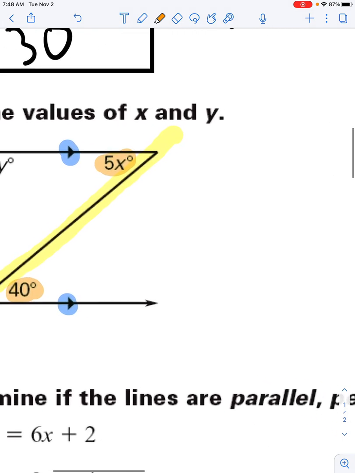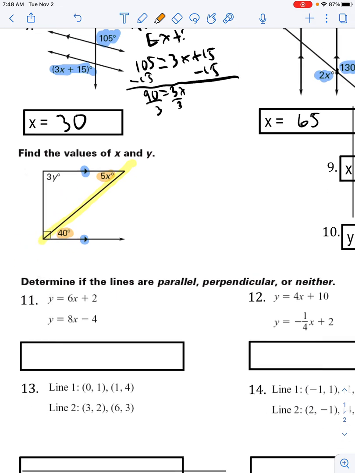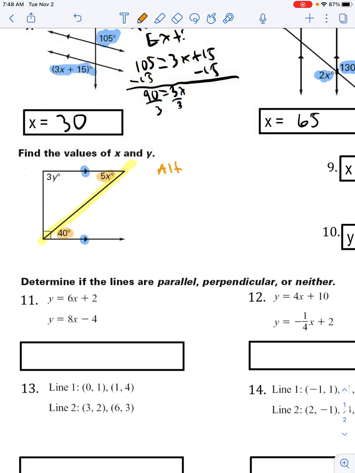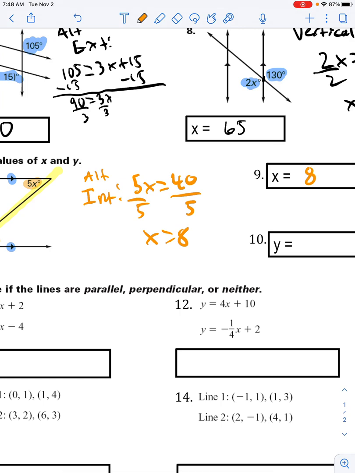These are on the inside of my parallel lines, and they're on opposite sides of the transversal. So I'm going to say that these orange ones are alternate interior. And that's congruent. So 5x equals 40, divide by 5, and get x equals 8.